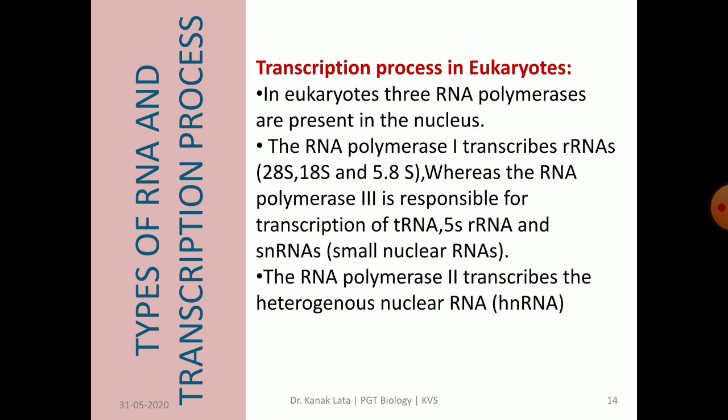Whereas RNA polymerase 3 transcribes tRNA, 5S RNA and snRNA. snRNA is the small nuclear RNA, and RNA polymerase 2 transcribes the heterogeneous nuclear RNA.